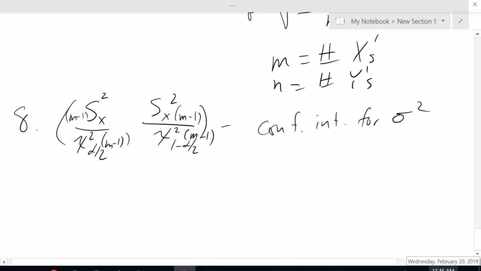Remember this, it's an m since I have it that way. This is chi-squared of m minus 1, right? So basically what we're doing is exchanging these two for each other because we're trying to get a confidence interval for sigma squared.